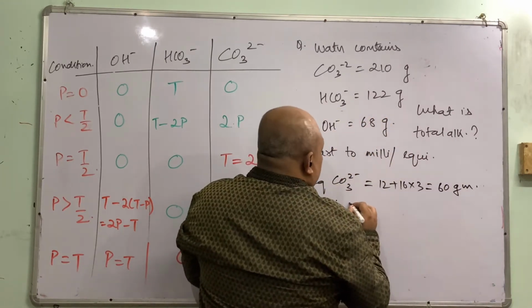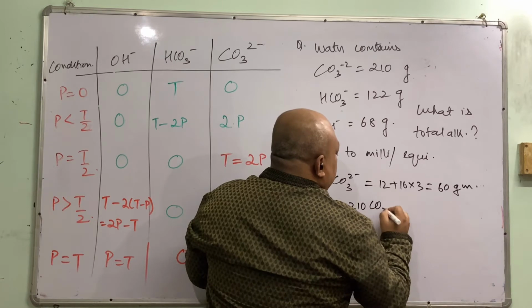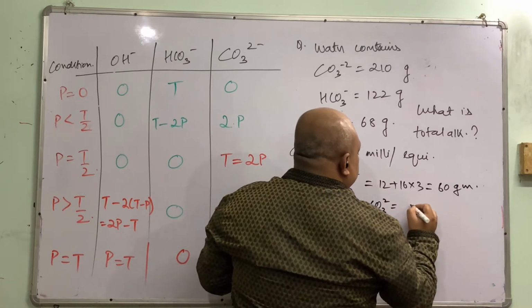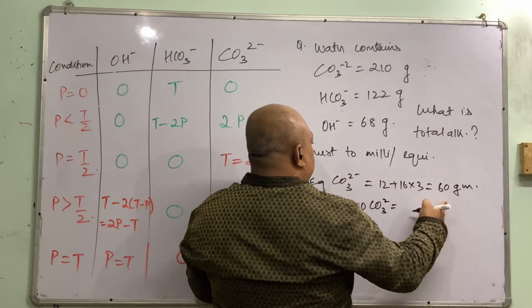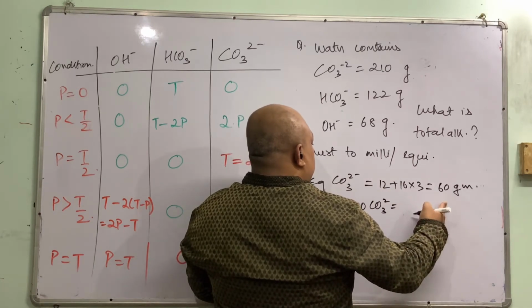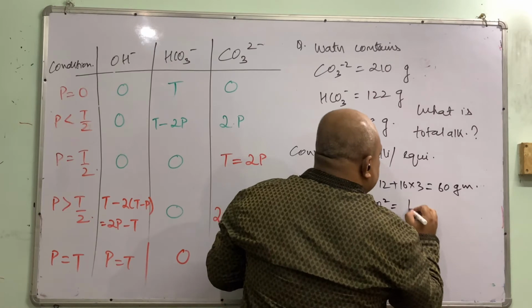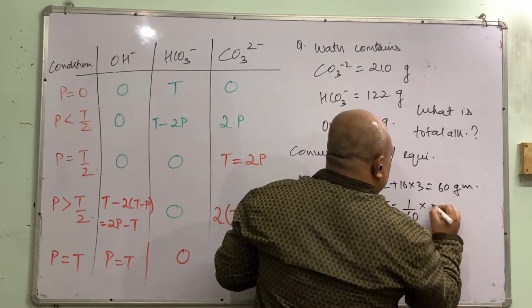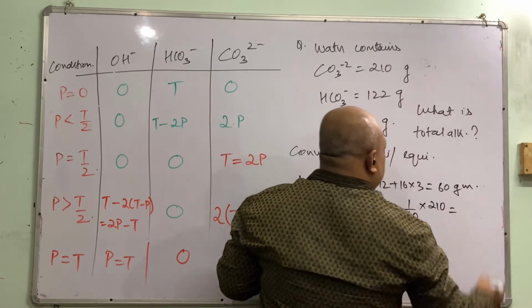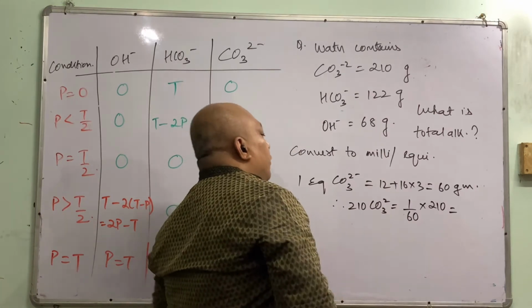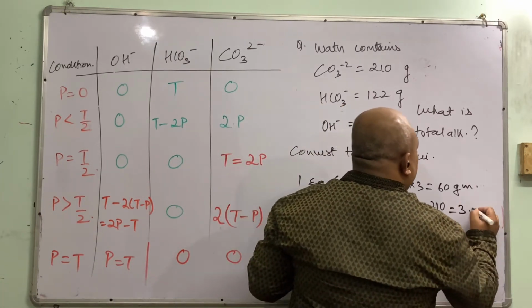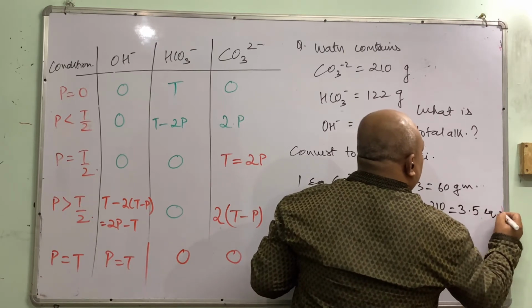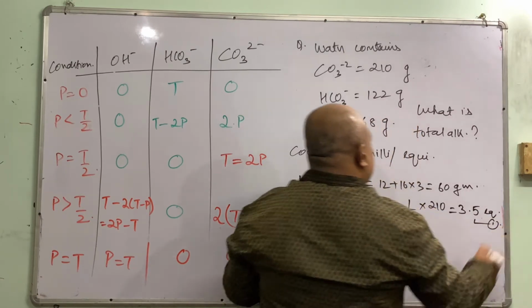Therefore, 210 of CO3 2 minus, where 1 equivalent is 60 gram, is 1 by 60 into 210, which is 3.5 equivalent. Number 1.